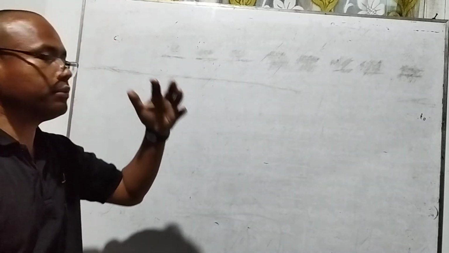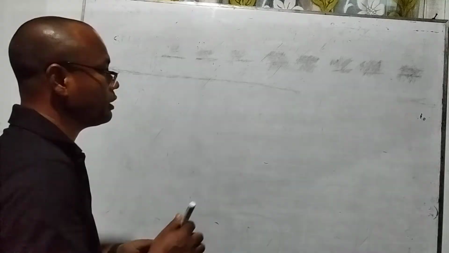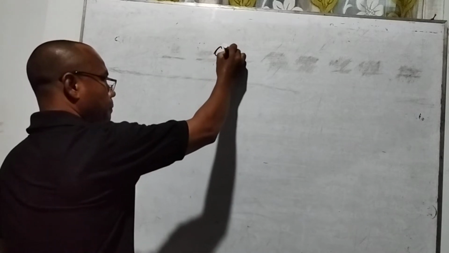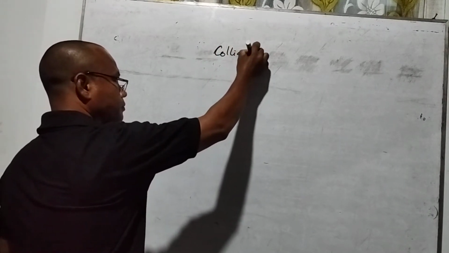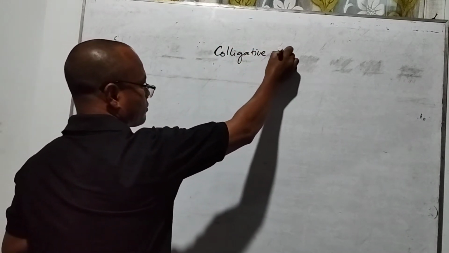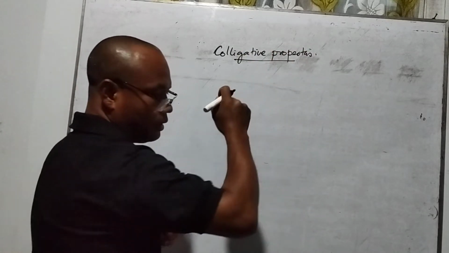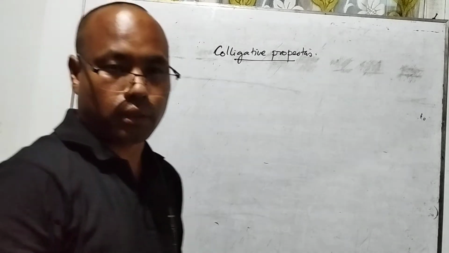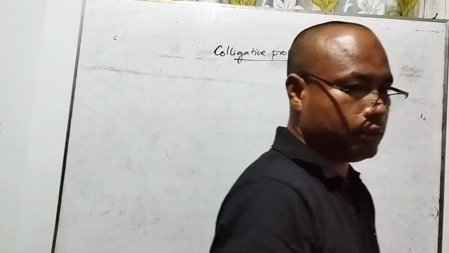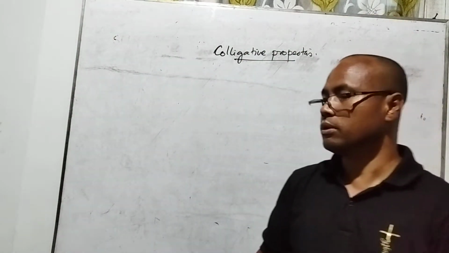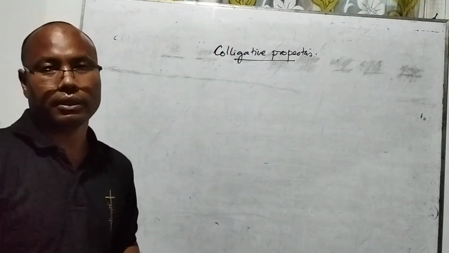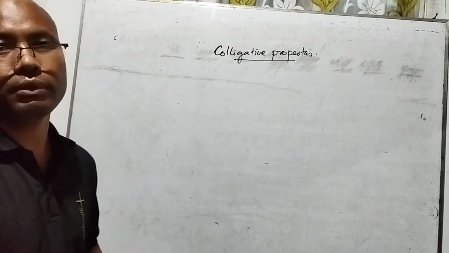Here we have a very important topic, that is colligative properties, the properties of our solution, right? Before we discuss these colligative properties in more detail, let me highlight some important properties of the liquid.